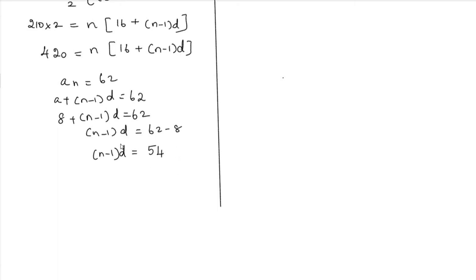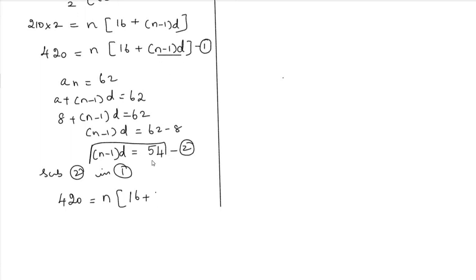Okay. So, this is 1 if we take, this is 2 I take. I am going to substitute 2 in 1. What will I get? 420 is equal to n into 16 plus, instead of n minus 1 into d, I can write 54. So 420 is equal to n into what will I get?